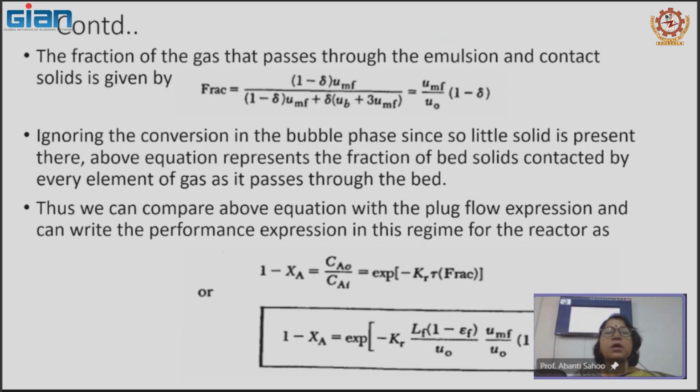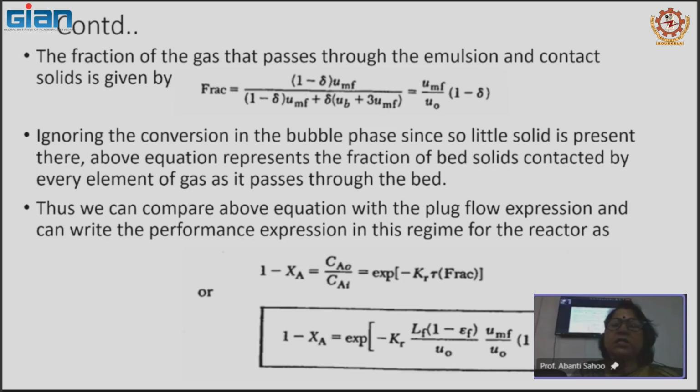So, here the fraction of the gas that passes through the emulsion contacts the solids, since in the emulsion the solid particles are there. The gaseous reactant is in constant contact with the solid particles.